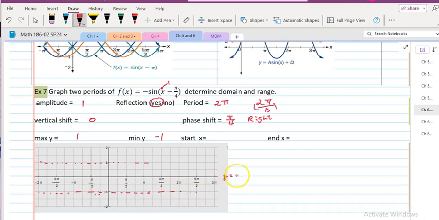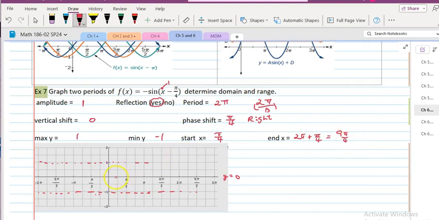If I start at pi over 4, phase shift is pi over 4, then I will start at pi over 4. And it will end at what? It doesn't end at the period. It ends at 2 pi plus pi over 4. So the period at the phase shift is where the basic cycle ends. So this means 9 pi over 4.